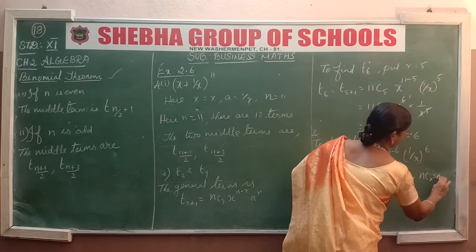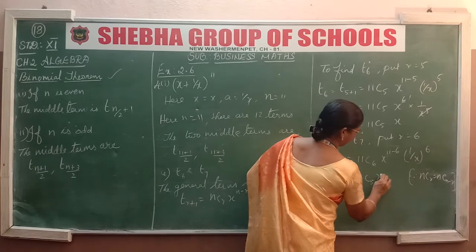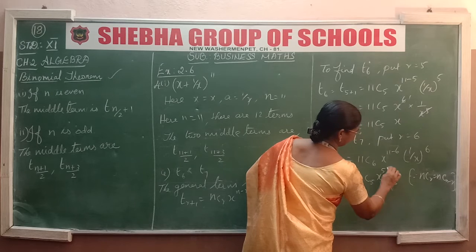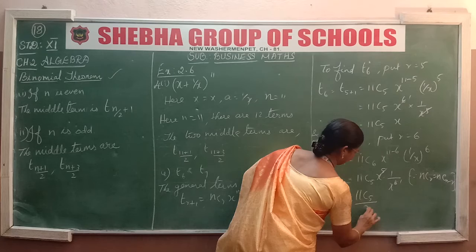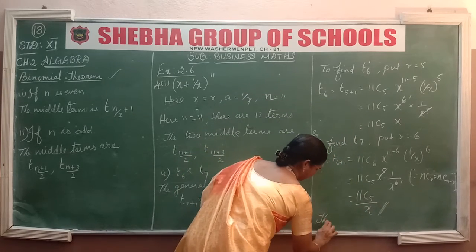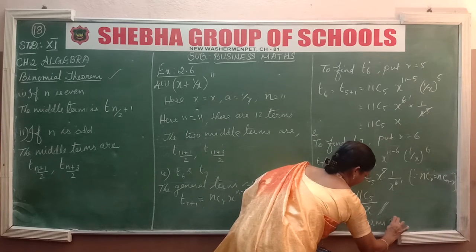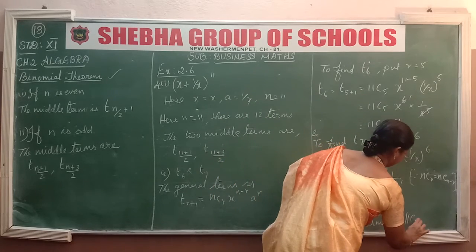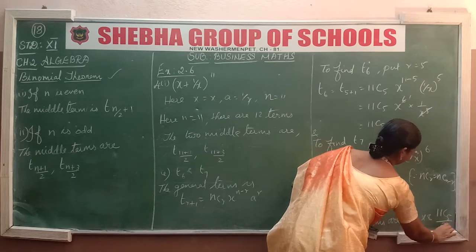Using this here, and x to the power 11 minus 6 is 5 and 1 by x power 6. Cancelling, we get 11C5 by x. This is our 7th term. Therefore, the middle terms are 11C5 into x and 11C5 by x.